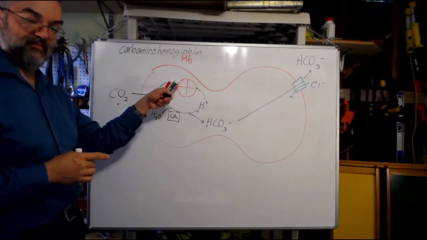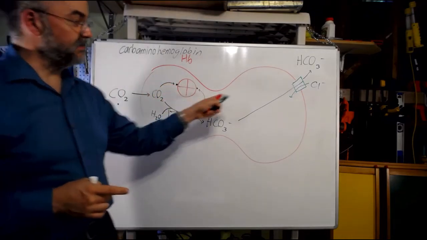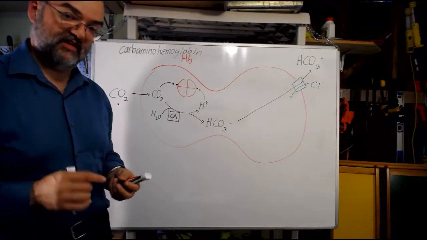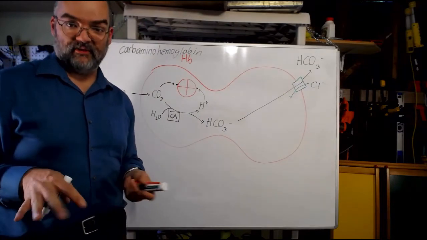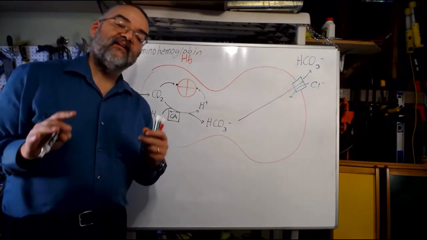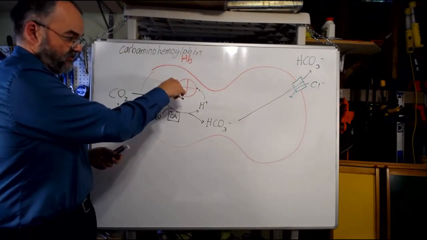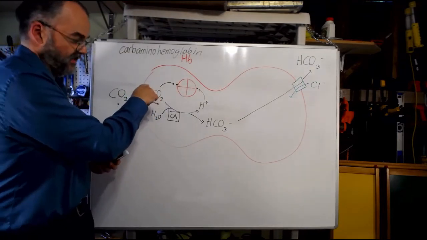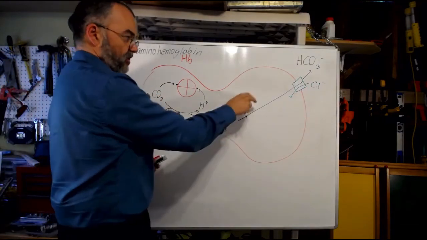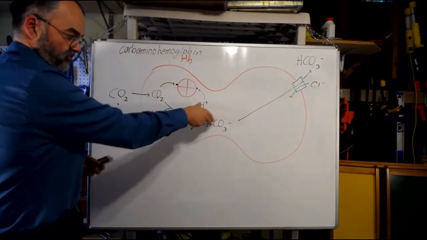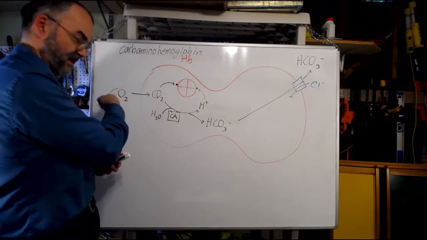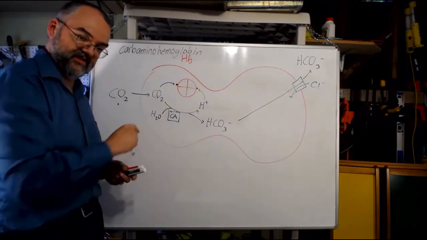Some of it ends up bound to the hemoglobin. And some of it ends up in the hemoglobin in the form of bicarbonate ions rather than carbon dioxide. Now, since each of these is reversible, CO2 can come in and bind to the hemoglobin or come back off. It can react with water to form bicarbonate or bind back up to the proton and turn back into CO2 or go back out of the cell. You can move back and forth between these.